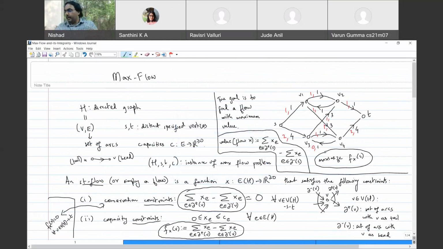And let me look at a particular cut that I have selected for the sake of illustration. Let's look at this cut here. So I'm going to pick a set of vertices that will contain the vertex S and will not contain the vertex T. Is this color visible, or should I change the color? It's okay.